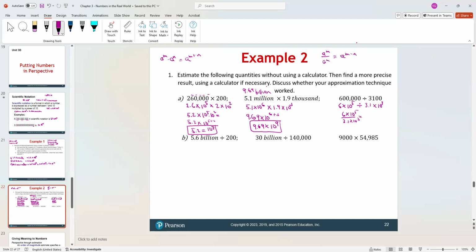So meaning we can do 6 divided by 3. If I grab a calculator, even though they said do not use your calculator, I said, okay, I'm not going to use it.